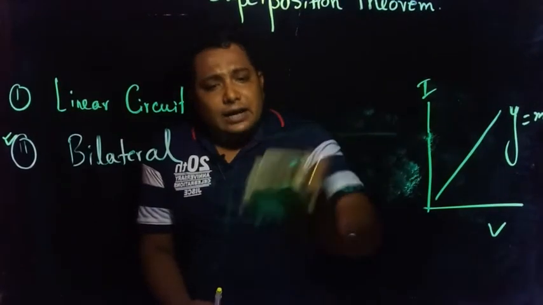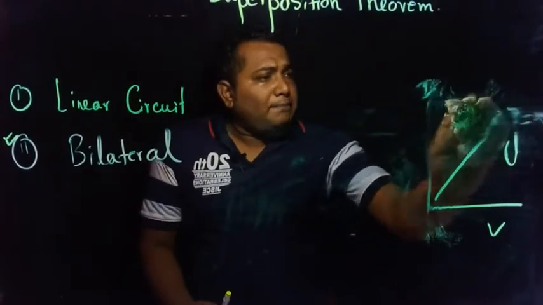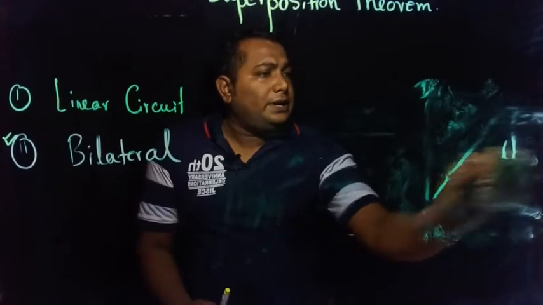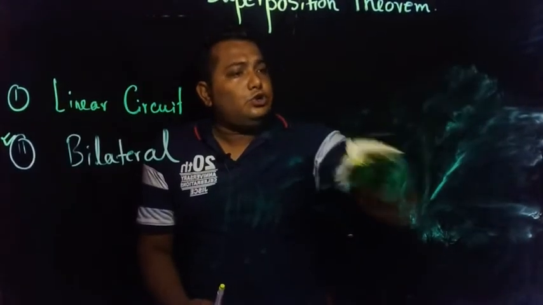The first two conditions for applying the superposition theorem are that the circuit should be linear and the circuit should be bilateral.